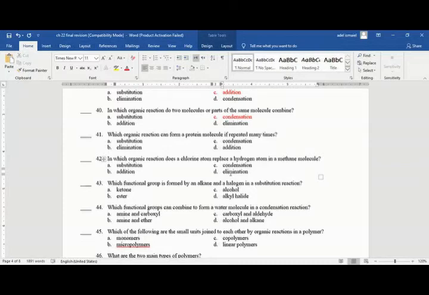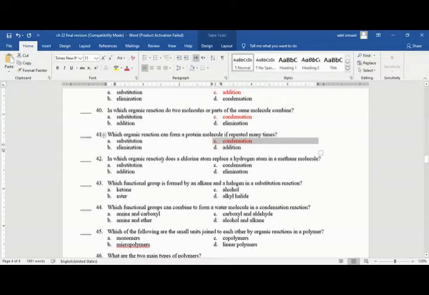If you remember the polymers, we have polymerization, condensation polymer and so on. Which organic reaction can form protein if repeated many times? This was an example of a condensation reaction. Monomers like amino acids combine together, a specific number of amino acids, to form protein.